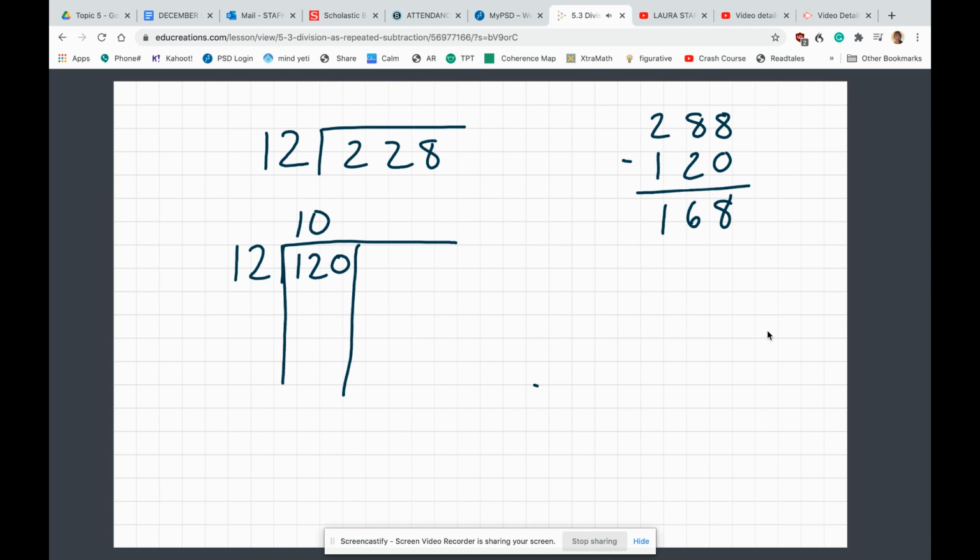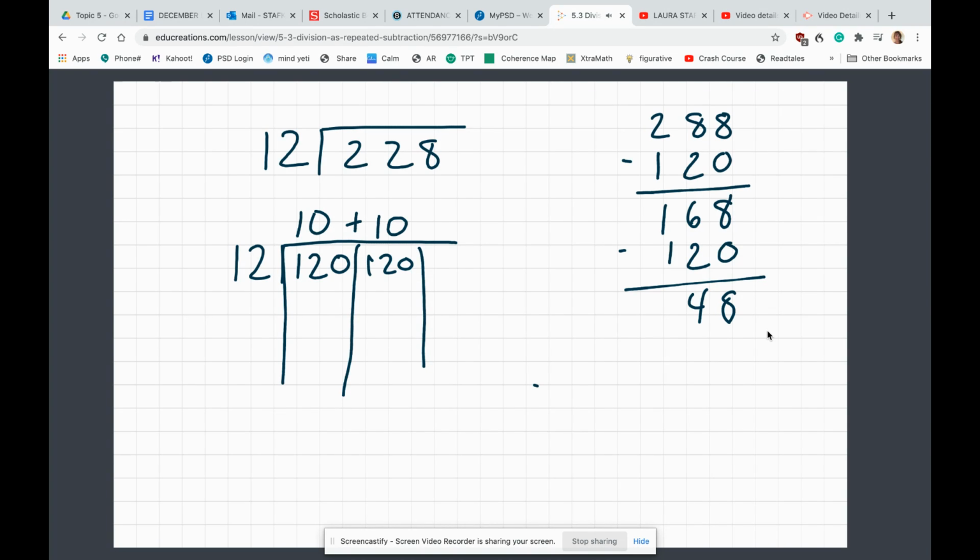And I've got 168. Okay, now how many 12s can I get into 168? Well, I can go with my 10 again, and so I'm going to put my little addition sign, and now I'm going to subtract my 120. I'm getting another group of 120 out of there. Now I'm down to 48.